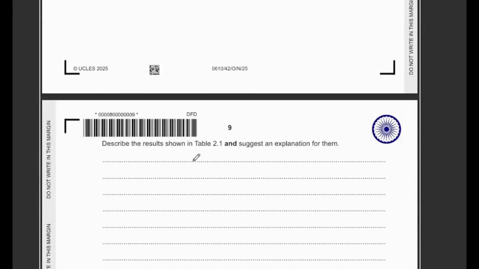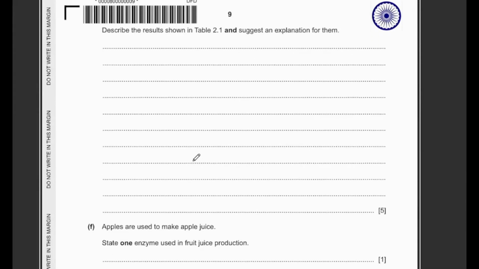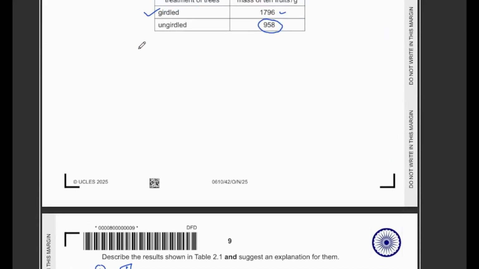Fine. So we have to use the data as well as answer in 5 points. So let's see these 5 points, how can we make them. Now first one, to use the data, the girdled part.